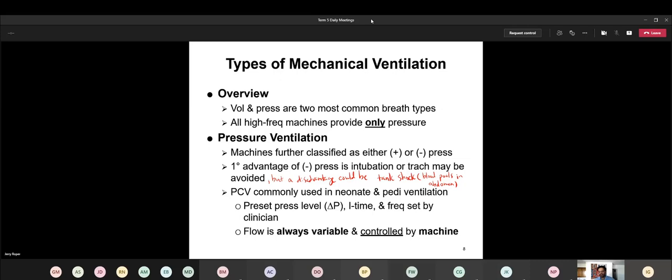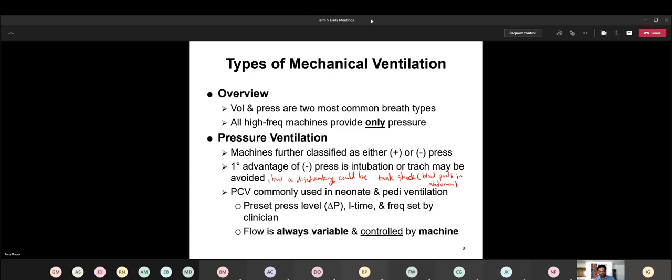Now, pressure control, that's usually the name of the game when it comes to setting up the ventilator for these babies. You're going to set them up in pressure control, and even some of the other older babies or the older children. So here we're setting the pressure, but what we're really setting is the delta P. Just to review what we talked about when it comes to pressure control, some of your physicians are going to order this value directly.